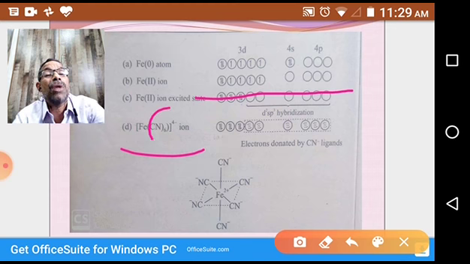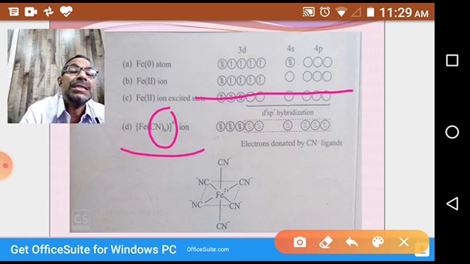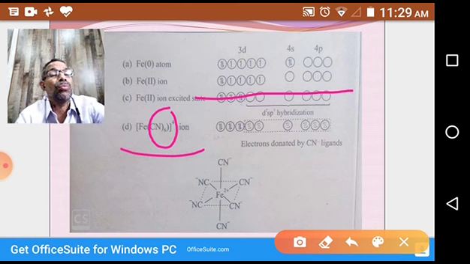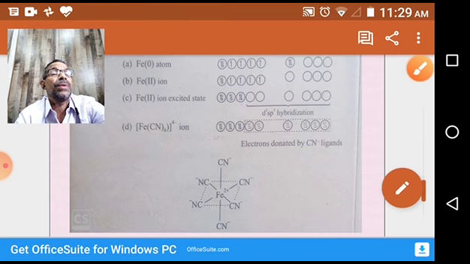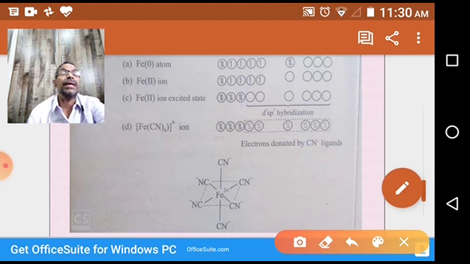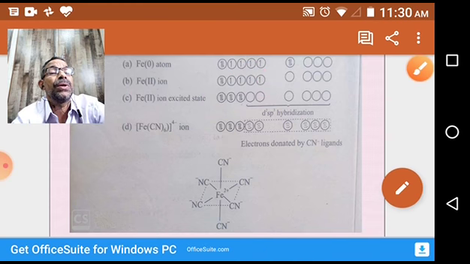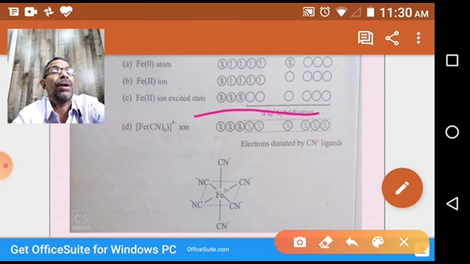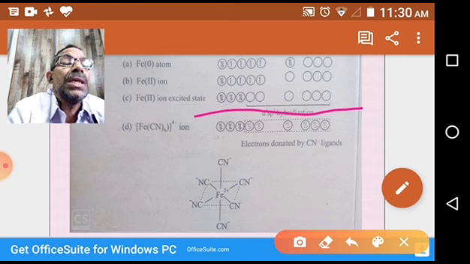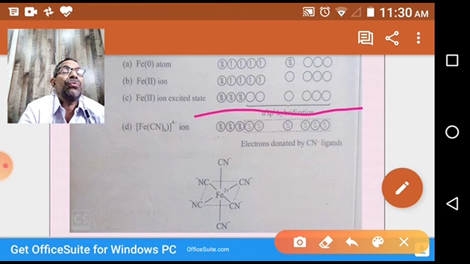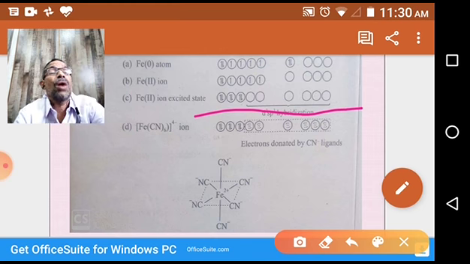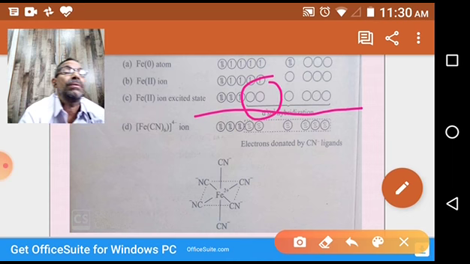In this complex, iron is linked to 6 cyanide ligands with coordination bonds, so it requires 2 more orbitals. That's why the pairing happens in the excited state of iron(II): these electrons pair, this electron goes to here, this electron goes to here. Due to this pairing, we get this electronic configuration, 3d6, 4s0, 4p0. In this state, we have 2 vacant d orbitals for hybridization.